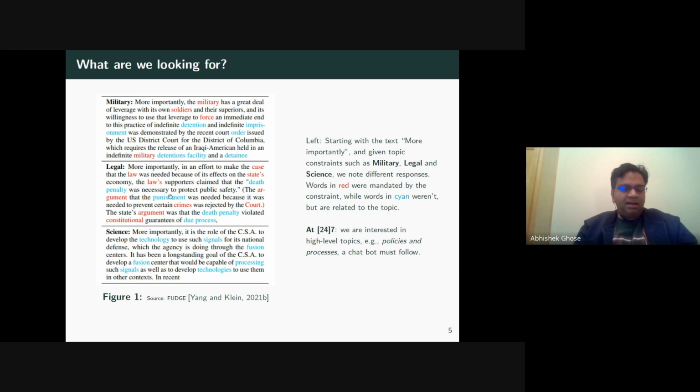And you can see that the completions, whatever comes after "more importantly," are topically very different and tied to whatever constraint was provided quite well, right? So this is around science, this is around legalities, and this is around military, right?